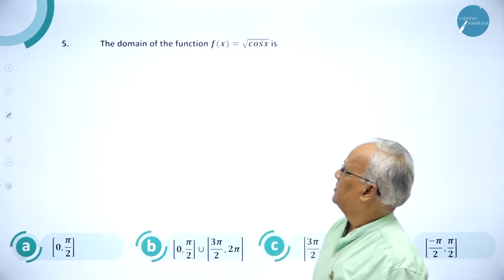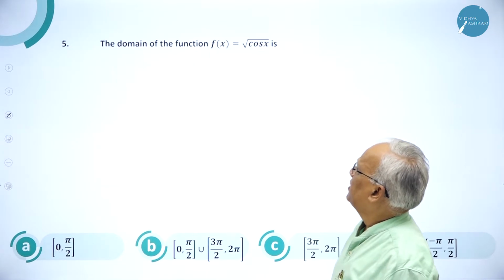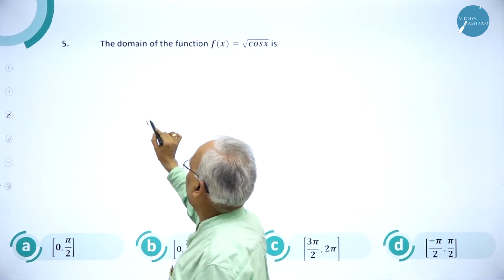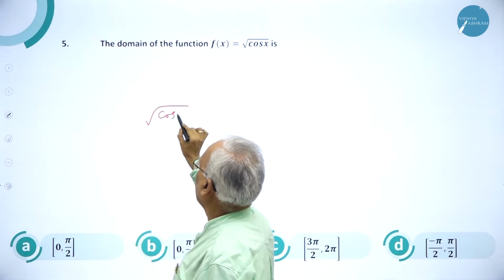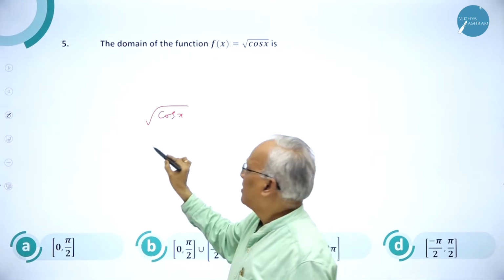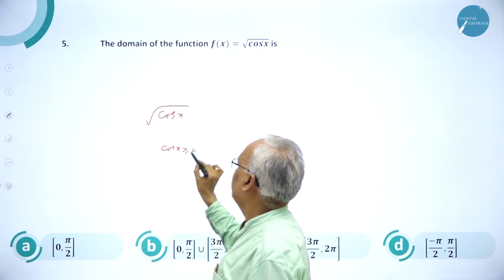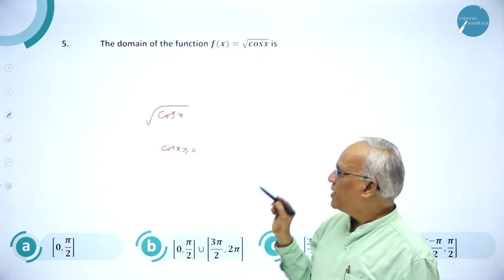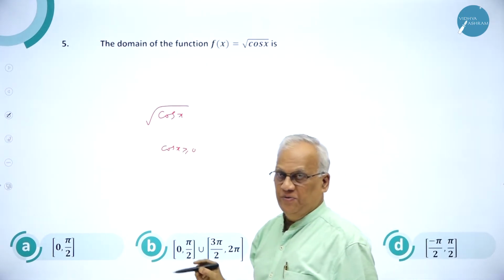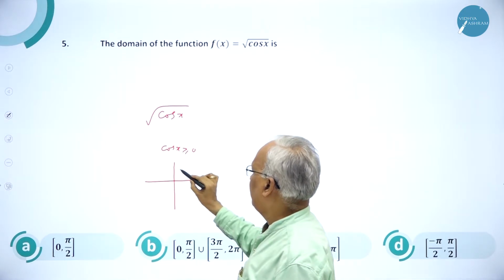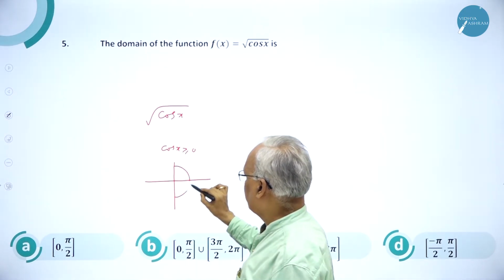The next question, the domain of the function f(x) equal to square root of cos x. You know, root of something, square root of cos x, easily you can say cos x is greater than or equal to 0. It cannot be negative. So where cos is positive or 0, you must know cosine is positive only in the first quadrant and fourth quadrant.